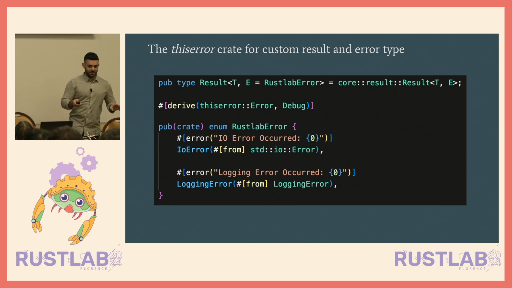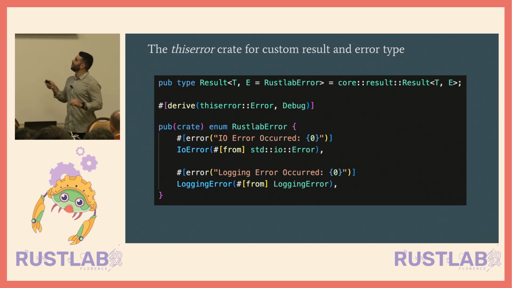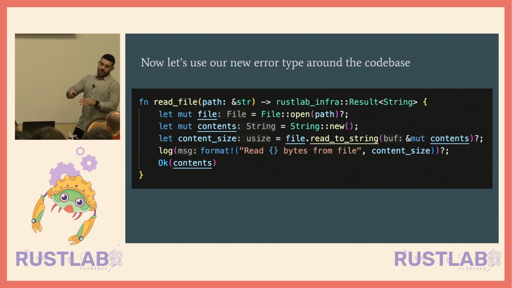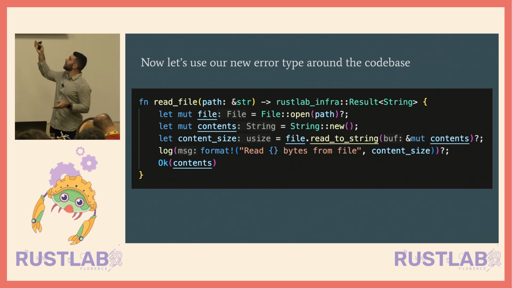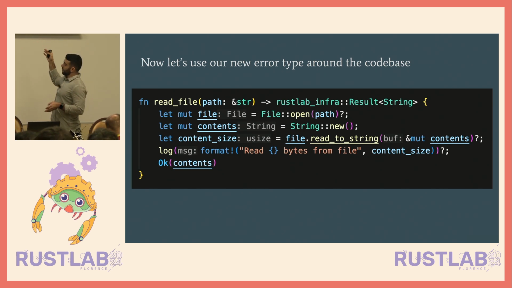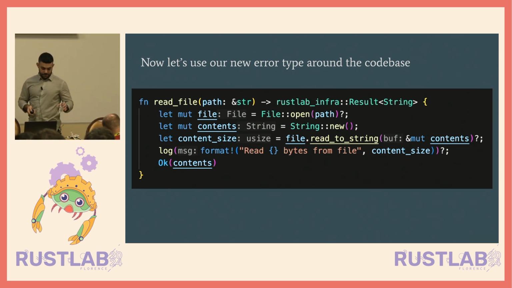You can take a picture now if you want. Yeah. So now all we have to do is just return the RustLab Result. Let's say the module name is rustlab_infra, and we can say, return this Result from my function, and everything compiles again, everything works again. Any questions so far?